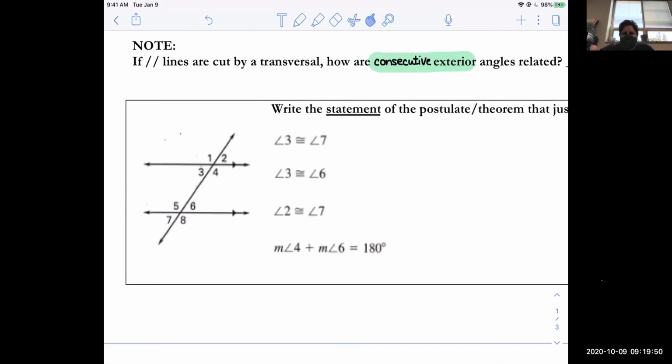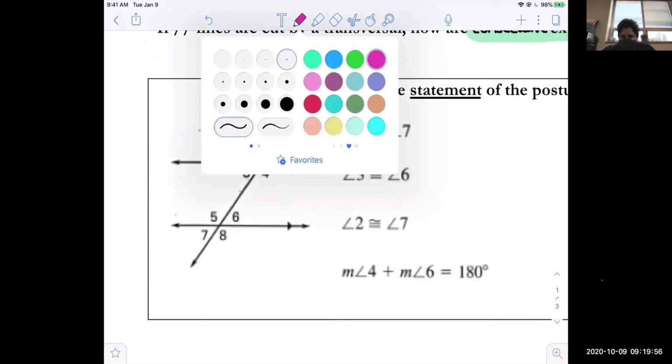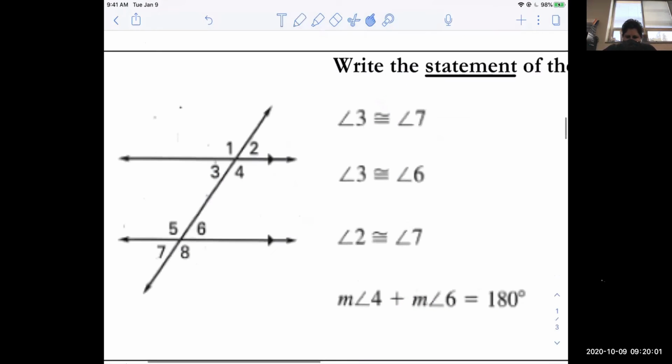All right, we're going to write the statement of the postulate or theorem that justifies why each of these things are true. Tell me how you know. Again, we've got parallel lines here, so we know that the lines are given to be parallel. How do you know that angle 3 and angle 7 are congruent?